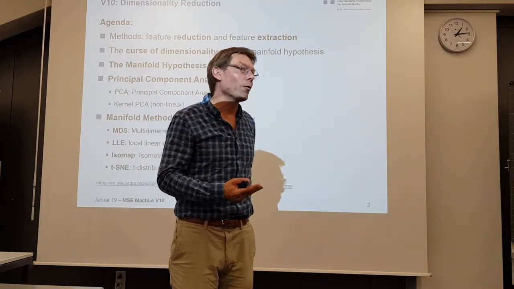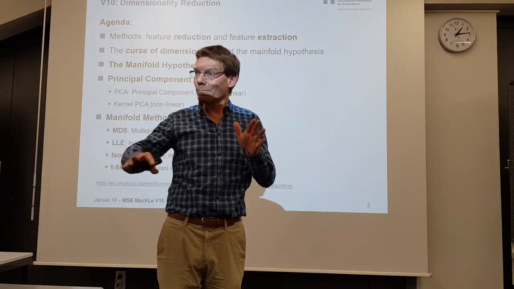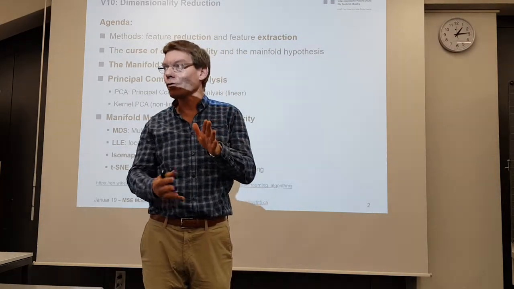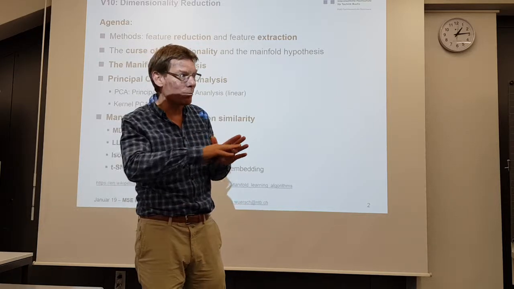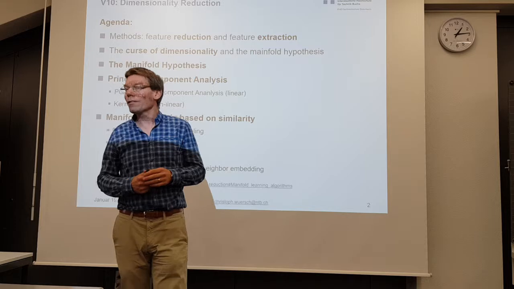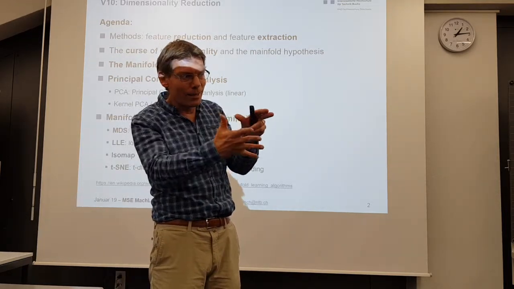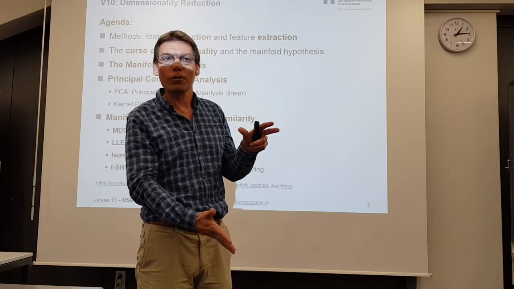What is a manifold? A manifold is kind of a lower-dimensional space, which is more or less continuous. It doesn't need to be a hyperplane. It can be wrapped and round and so on. But it is assumed in this manifold hypothesis that the data lies on a lower-dimensional structure.